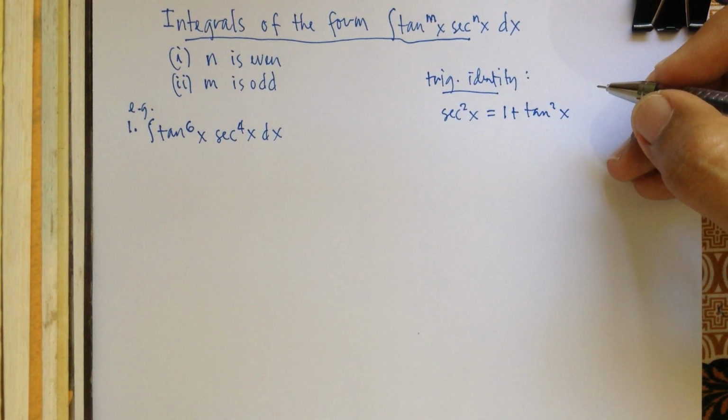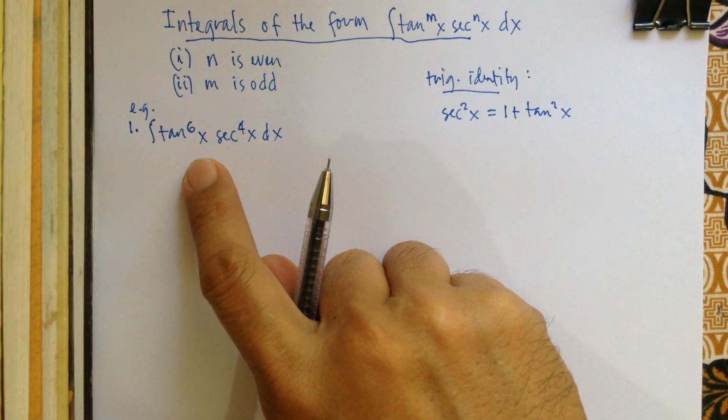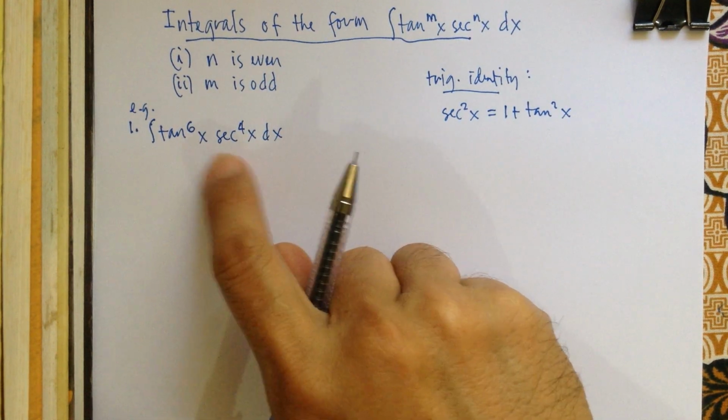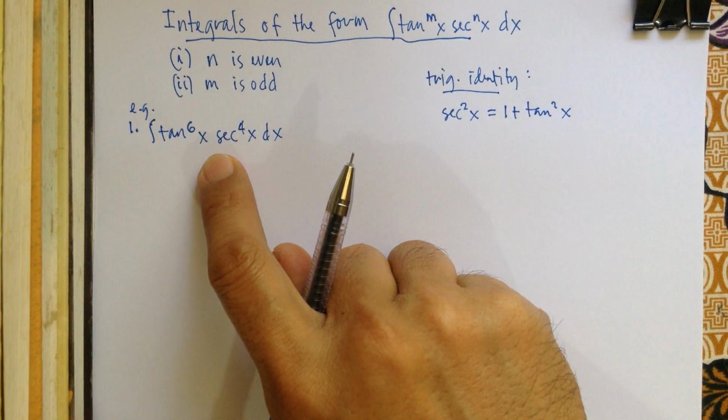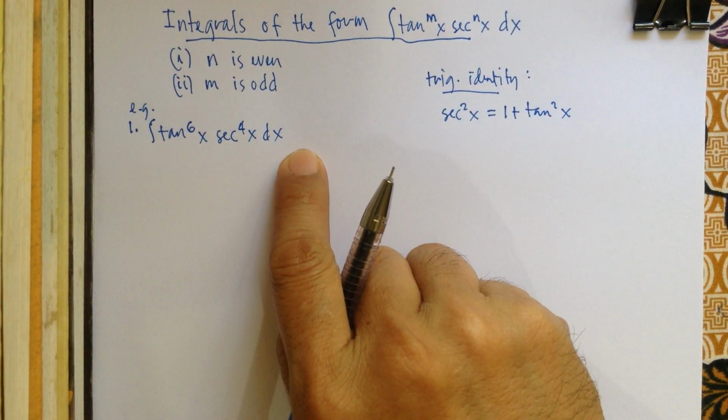Now, what we will do here is to express one of these as our u, and then we will separate our du.